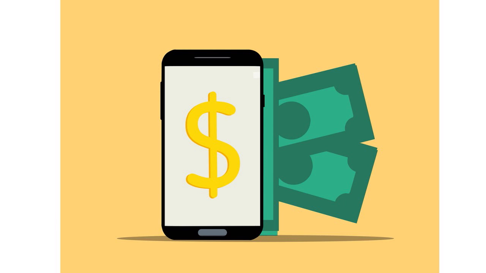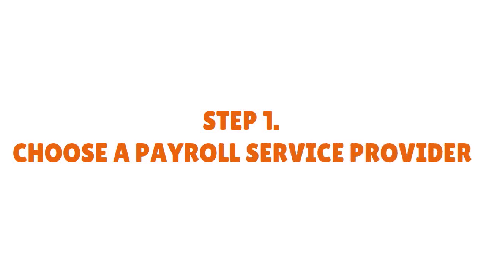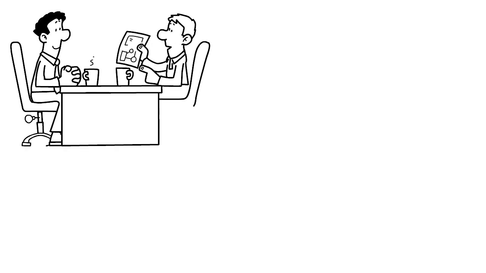So when we talk about setting up, here are the steps you want to really follow. Number one, you want to choose a payroll service provider. A payroll service provider can be a great help in organizing and streamlining the payment of your employees. As a business or organization, you must first establish the ability to perform direct deposit through your normal software. So you can use QuickBooks, it can be FreshBooks, it can be anything.